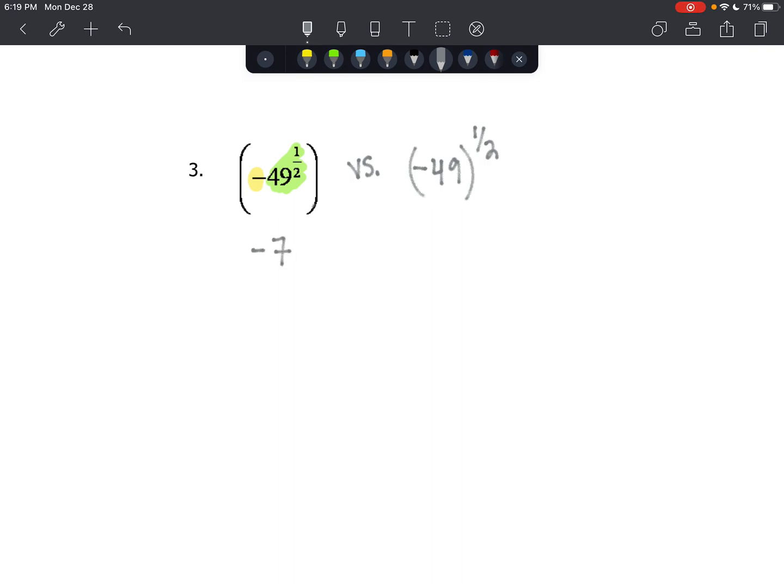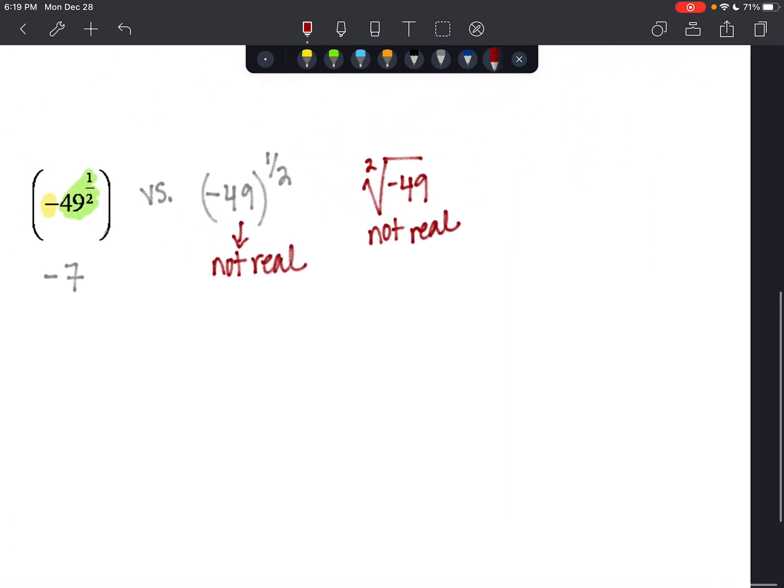However, here we have the square root of a negative. The square root of a negative is not real. So this answer is not real. So these are two different values. One is a numerical value, and one is not real. So it's important for you to pay attention to where those parentheses are.